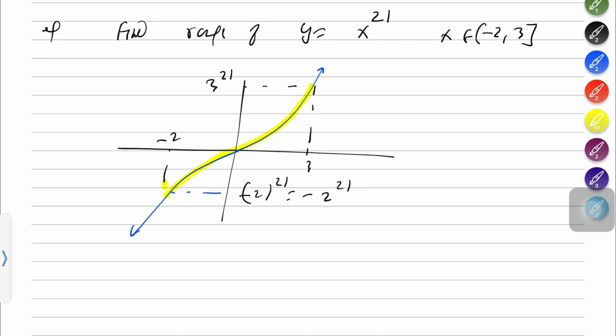Since x equal to minus 2 is an open bracket, that means this will be a hole. Hole means at x equal to minus 2 we will not get the value. So the range of this function will be open bracket minus 2 to the power 21 to 3 to the power 21 close bracket. So this is how we find the range of a function.